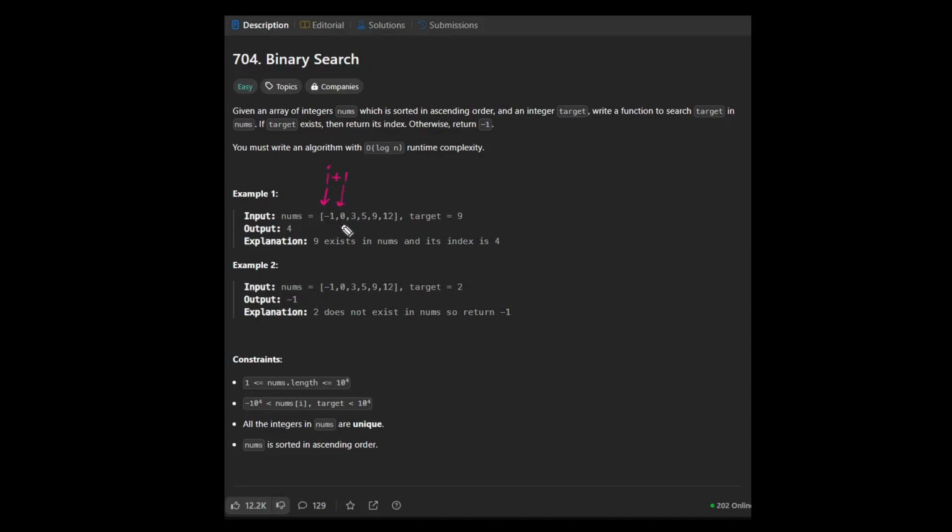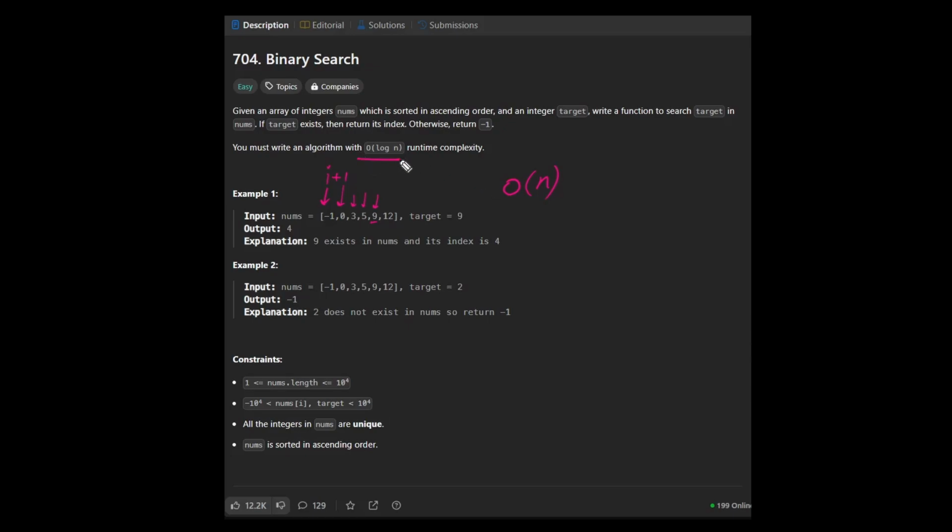Is it equal to the target? No. And continue going forward. So you have 9 over here and you return its index. What would be the time complexity? O of n.